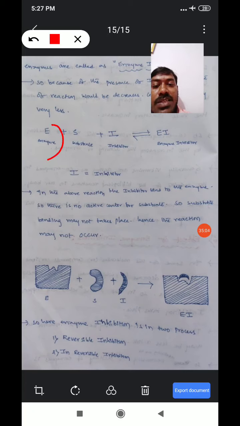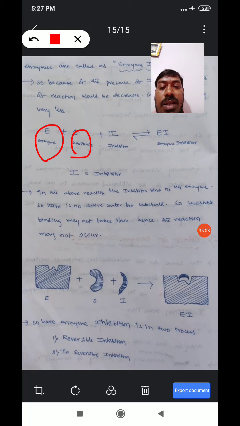So this is the enzyme and substrate, and the substrate approaches and attaches to the enzyme. In the presence of inhibitor, it forms an enzyme-inhibitor complex.